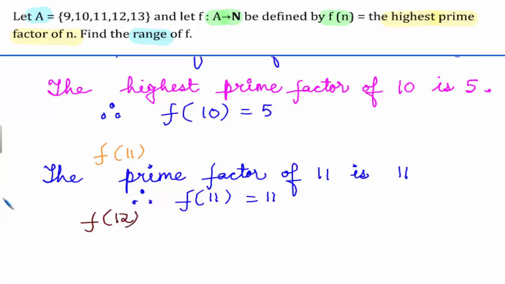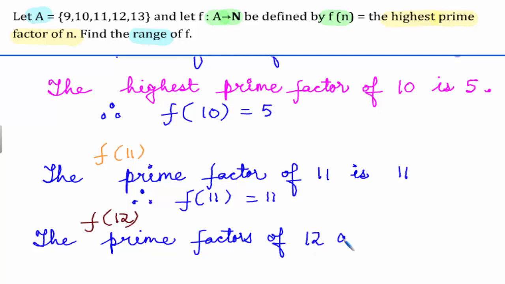And the prime factors of 12 are 2 and 3. And of course 3 is the highest prime factor.